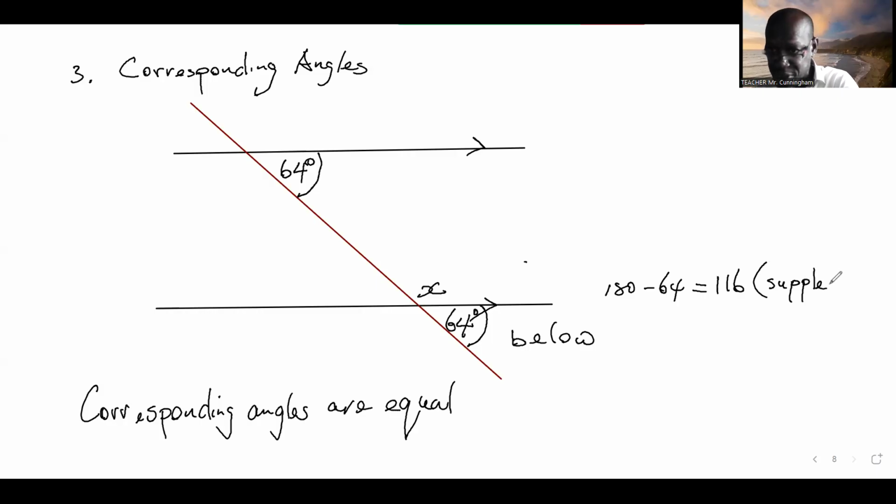That 116 is what we call a K1 mark. Supplementary is a C1 mark. The C1 mark has more weight than the K1 mark. This is just knowledge only, but the C1 is comprehension, showing that you understand and you could recall.